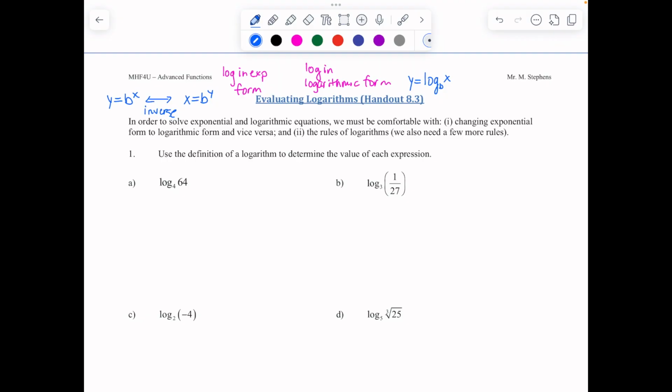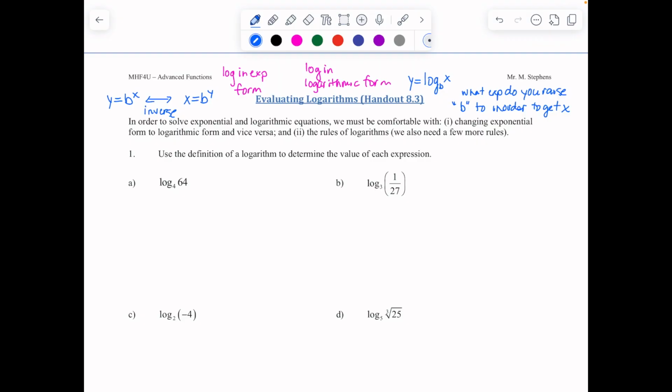Essentially, these are both saying the same thing: what exponent do you raise b to in order to get x? So the answer is an exponent.